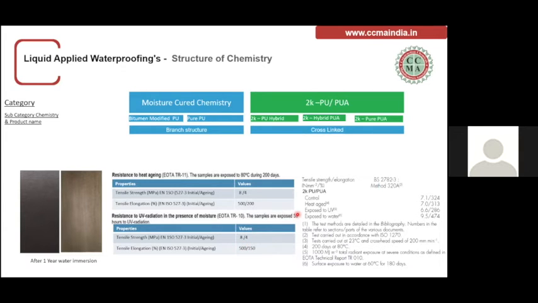When we tested one of our two component chemistries, we saw that the initial properties, in a controlled condition, showed 7 MPa tensile and 300% elongation. In a heat age condition, the test method is very similar, in 200 days at 80 degrees C, you see that there is no reduction in the heat aging properties of the material.